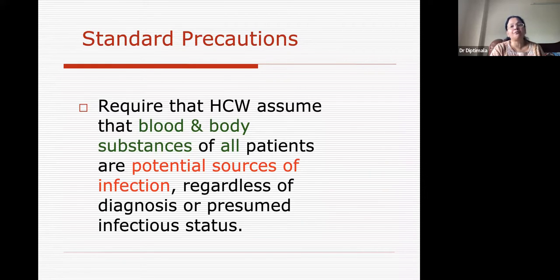So when you attend to any patient in an emergency, when he has come to the hospital for the first time and you are not aware of any details, assume every patient to be highly infected and take all the precautions. Do not give any excuses to yourself or to others that I was in a hurry, I could not wear my gloves, I could not wear my mask, and I touched the patient. So be very careful.